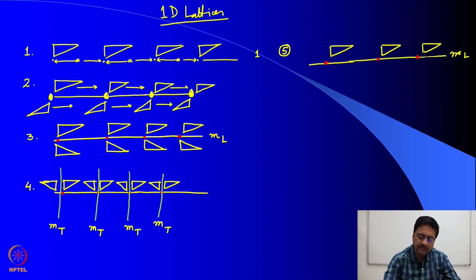So now, if you apply the longitudinal mirror symmetry, you get these objects.